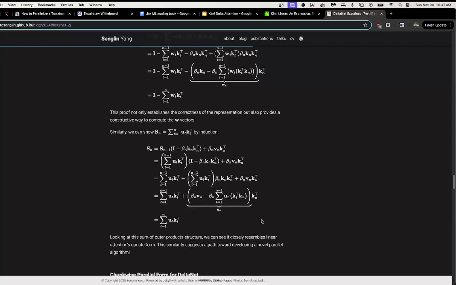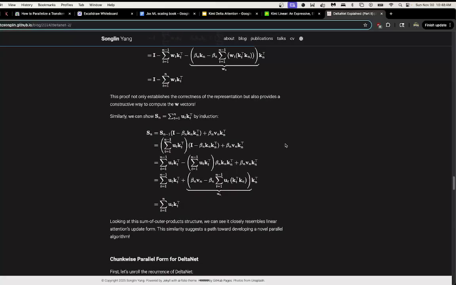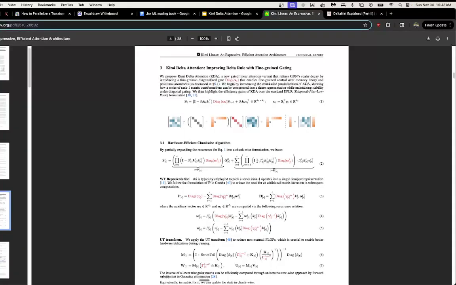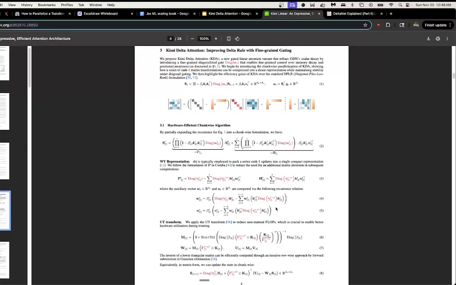Once again, we can define this whole term as u_n, the coefficient for the nth time step. Now we can express this as just a summation from 1 to n, and we have our equation for how to compute this auxiliary vector u in order to finally represent this as a WY representation.